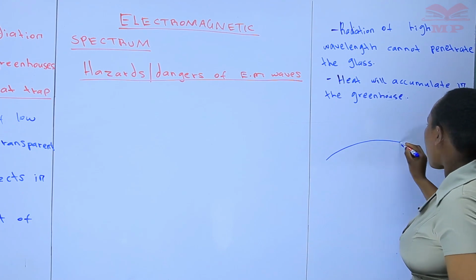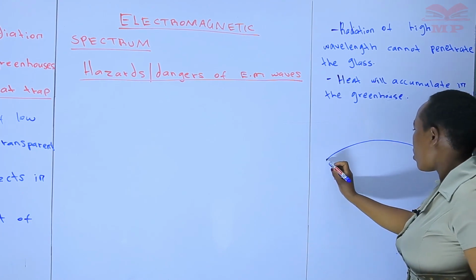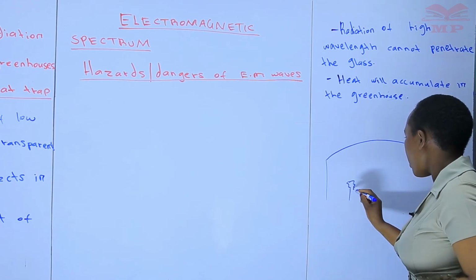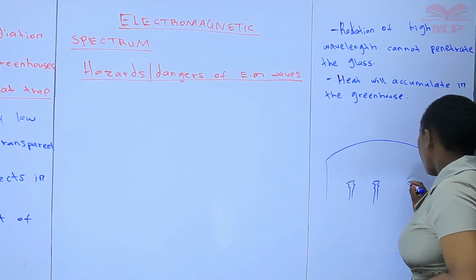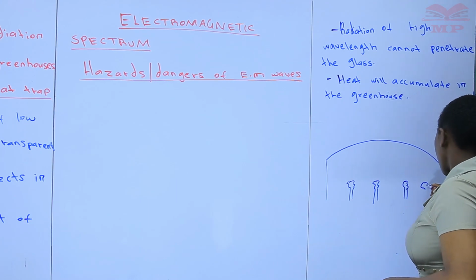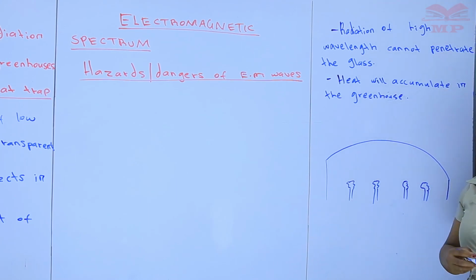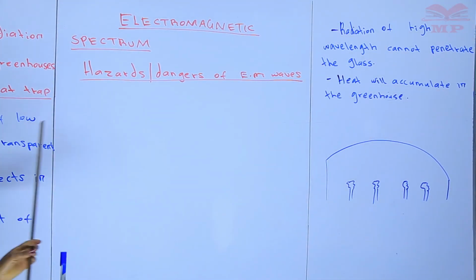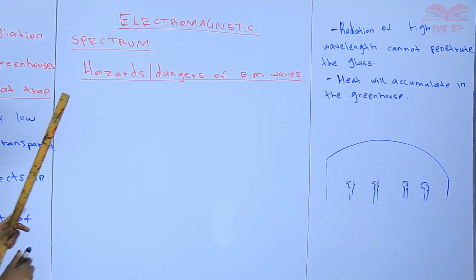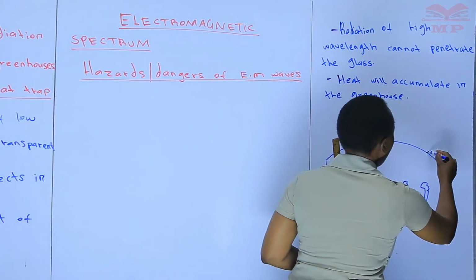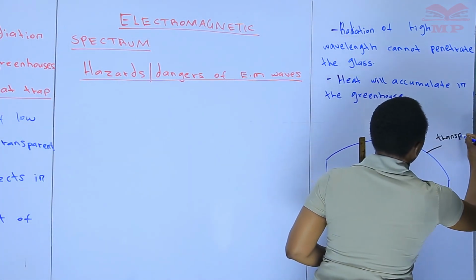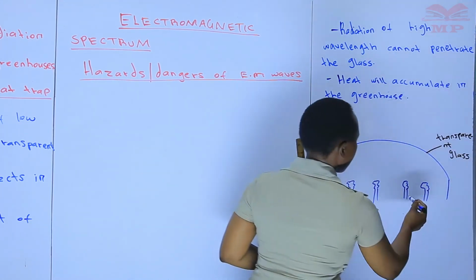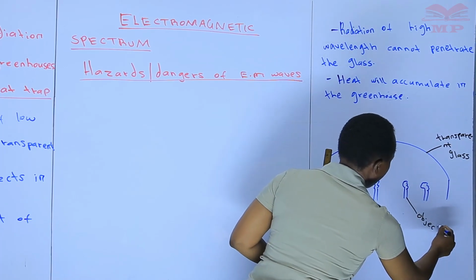If this is our glass in the greenhouse, this is our greenhouse, and of course here we have, let's say, the plants here. These are the plants in the greenhouse. Now when we have light from the sun falling onto this transparent glass, and these are the objects in the greenhouse.